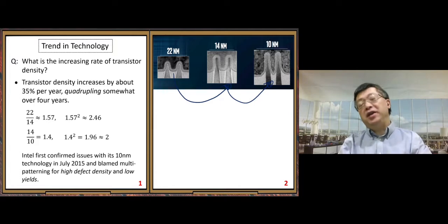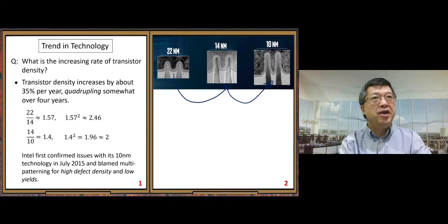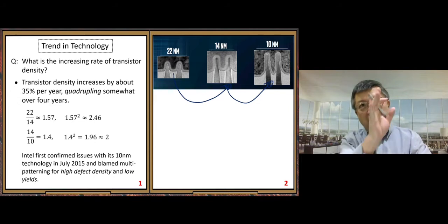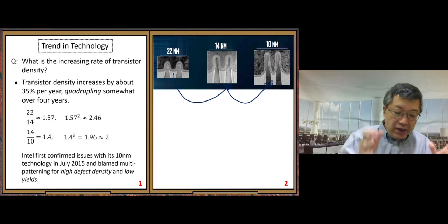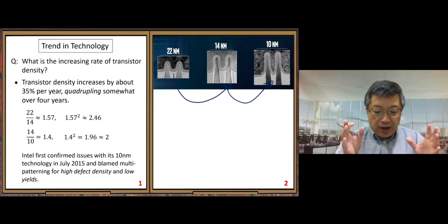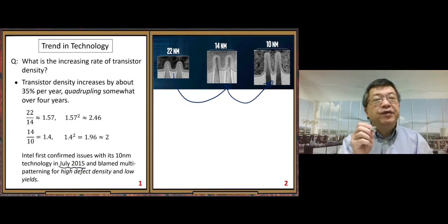How long does it take to get that? Here you can see in recent years, Moore's law is not true anymore, it cannot be maintained anymore. Very, very hard. Here I use this sentence from an article. It says, Intel first confirmed issues with its 10 nm technology in July 2015, about 5 years ago.